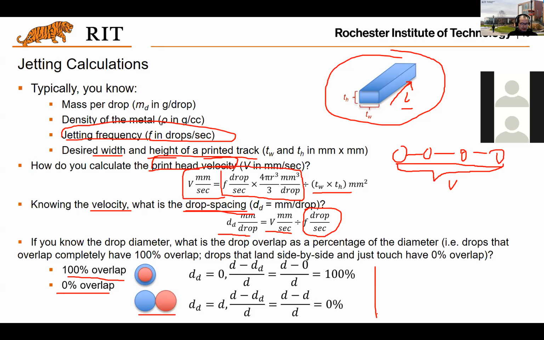If the distance between the two centers of the droplets is 0, that means there will be a 100% overlap. If the distance is greater or equal to its diameter, that means there's no overlap at all. And through this, you can tell what is the percentage, right? Like the one shown here.